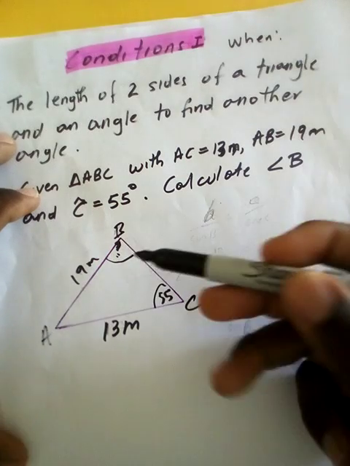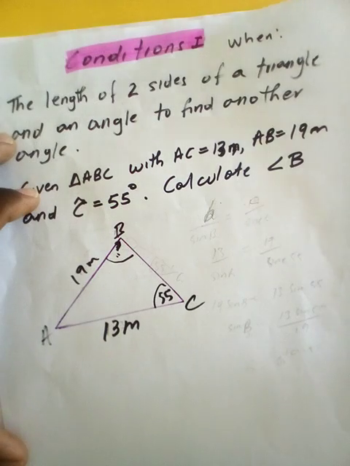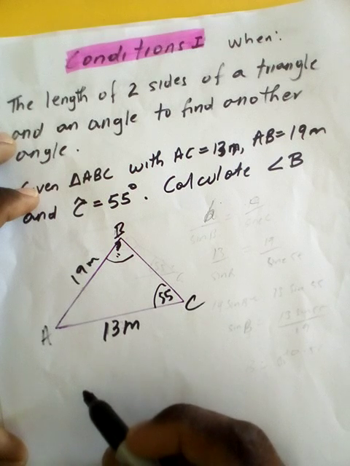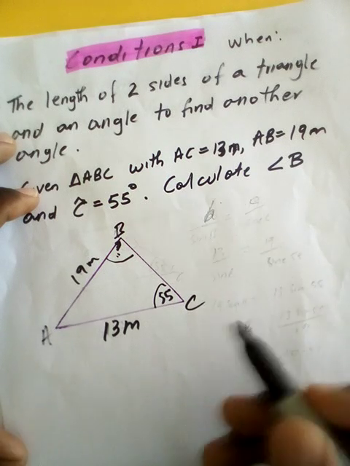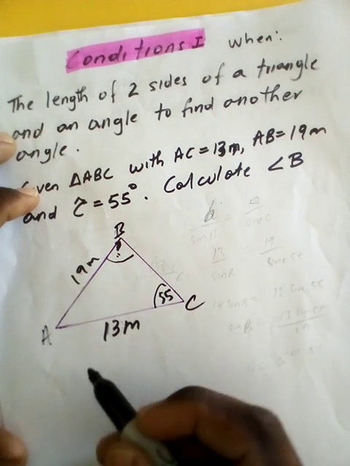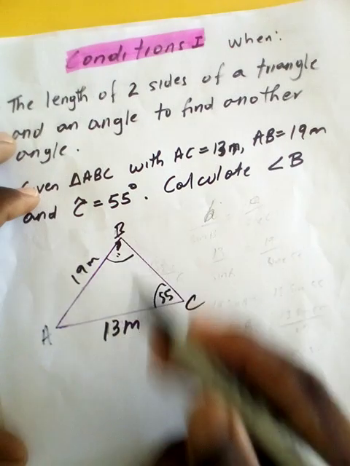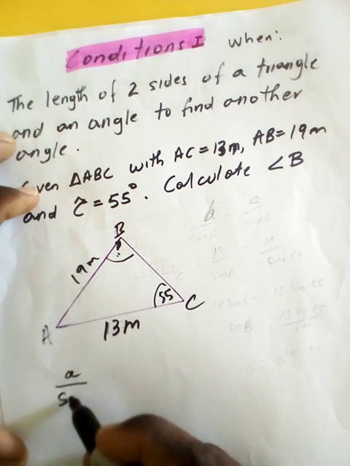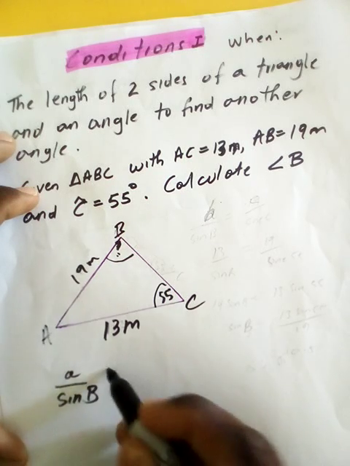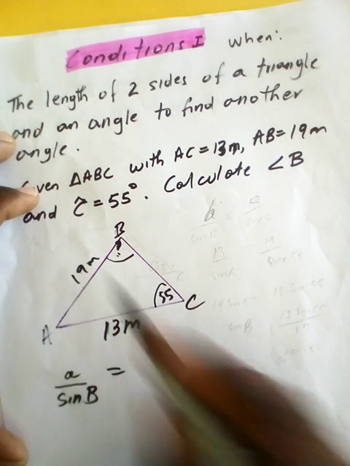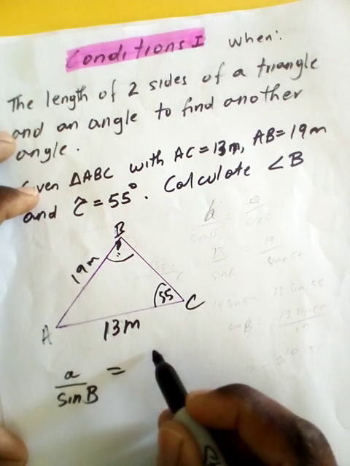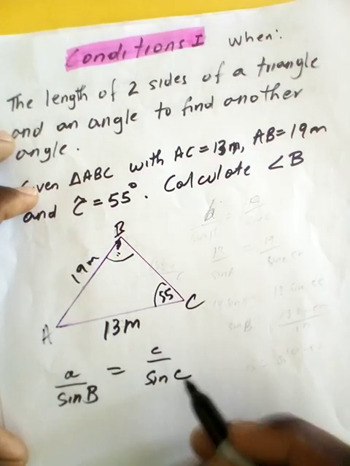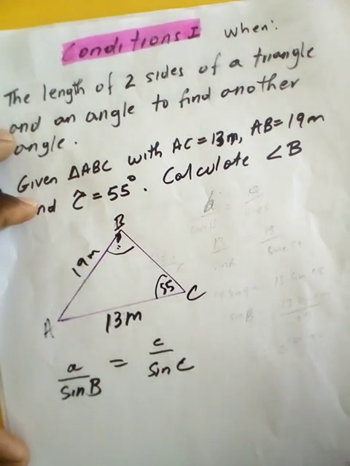So we're going to start off with what they asked us to find. We say it's the side over the angle. So the formula would be, since we're asking to find b, the side opposite is called b over sine B equal, so we're working with the side that's given, so c over sine C. Now let's substitute.